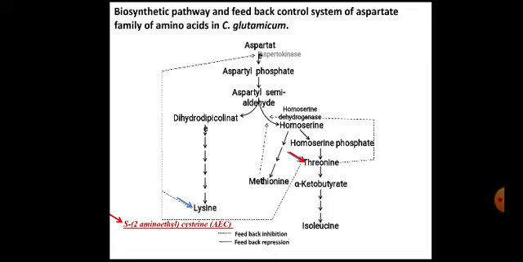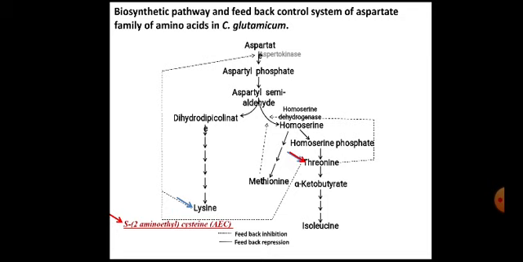But what is the difference between inhibition of aspartokinase by lysine plus threonine and inhibition by AEC plus threonine? Inhibition by lysine plus threonine is a reversible process, whereas inhibition by AEC plus threonine is permanent damage to aspartokinase.